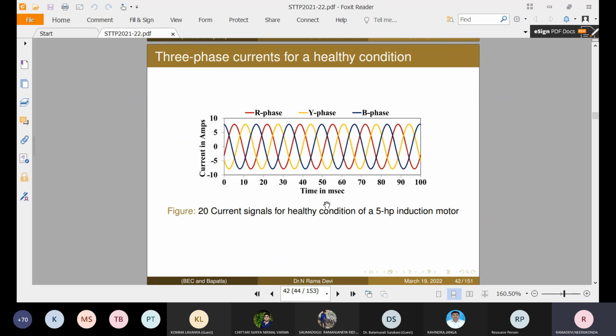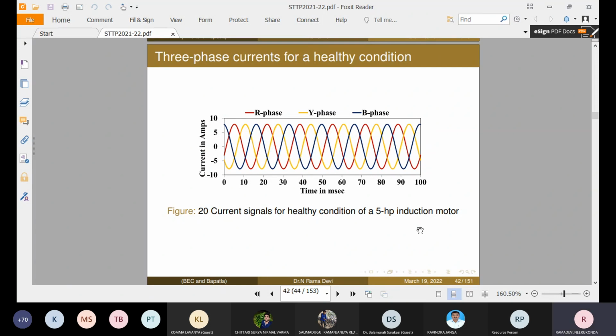Everything will introduce some noise to the captured signals. But here there is no noise. It's a clear waveform. We can clearly see that the peak values of all 3 phases are equal and each is displaced by 120 degrees. So it's a healthy condition.